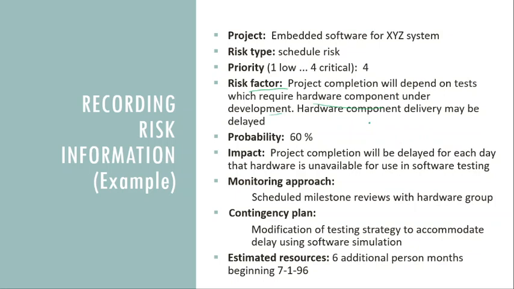So hardware component delivery may be delayed. Since it is under development, the delivery is delayed. And the impact here is that hardware is unavailable for use in software testing. So definitely the impact will go to our schedule. So there is a schedule risk of delaying the product.